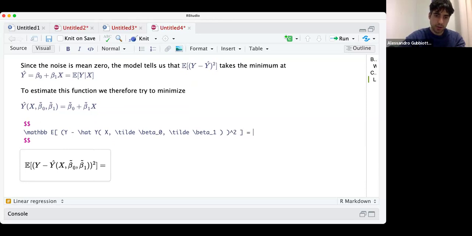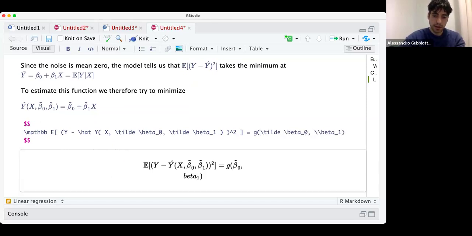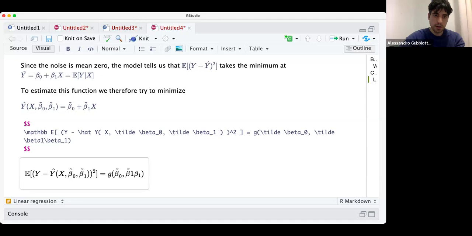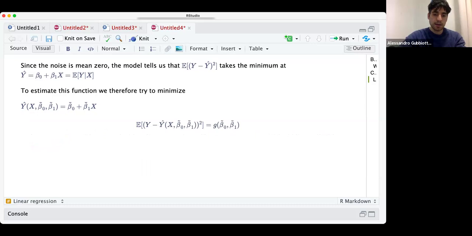It is a function, let's say g of tilde beta 0 and tilde beta 1, and it attains its minimum value at beta 0 and beta 1.